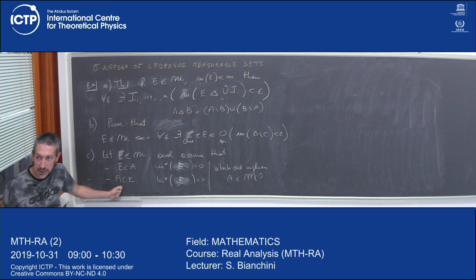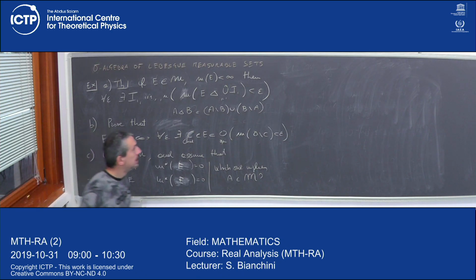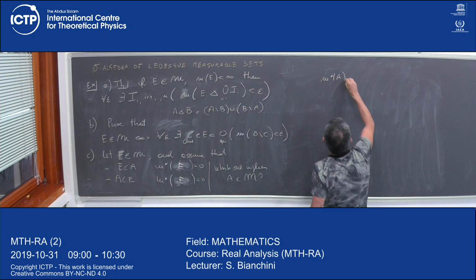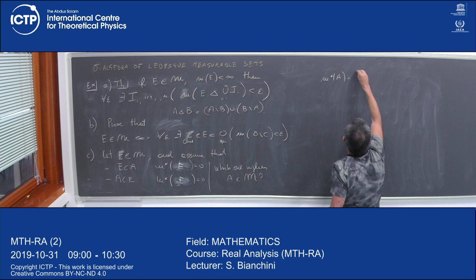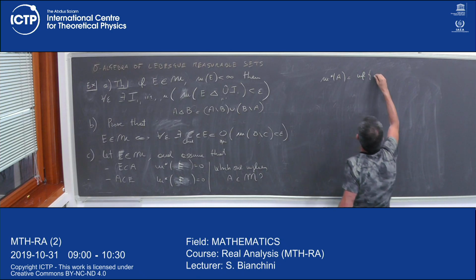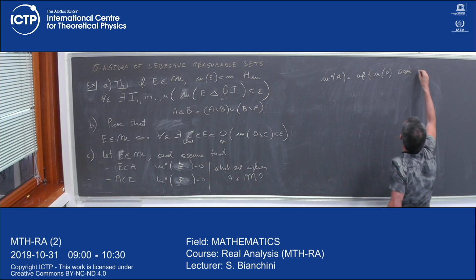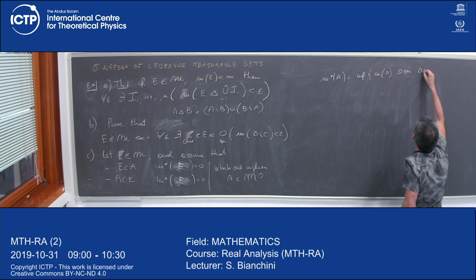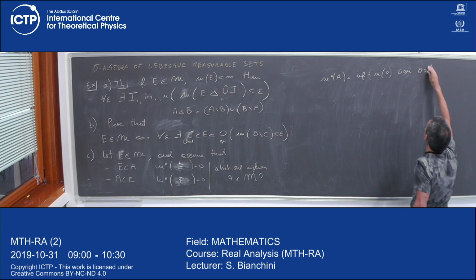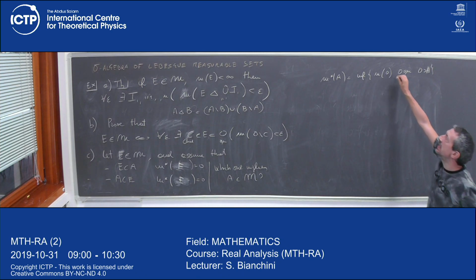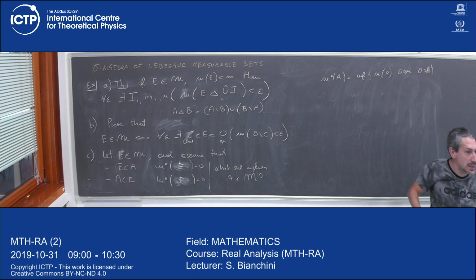It is automatically satisfied. You see why? M star of A is equal to the infimum of M of O, O open, and O contains A. Do you agree with this? This is the definition. I replace countably many intervals with an open set.